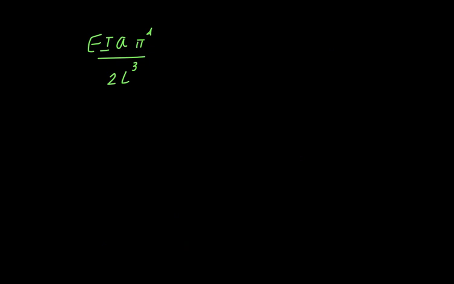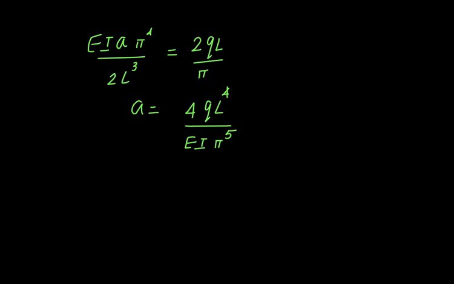So work out A is equal to 4QL raised to the power 4 divided by EI into pi raised to the power 5. So all you have to do is take your calculator and work out the value of 4 divided by pi raised to the power 5. Okay, that is the value of A.